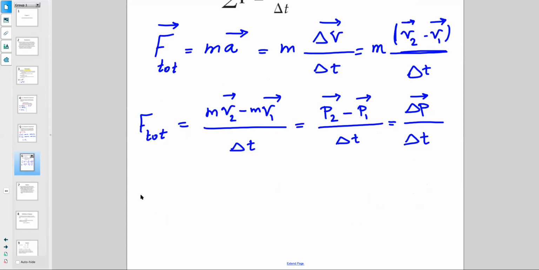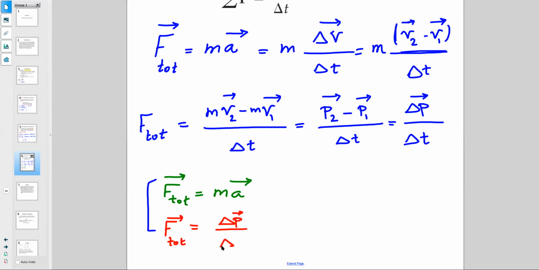So in other words, I have two different forms of Newton's second law, okay? The first form is F of total is ma, mass times acceleration. The second form is this, delta p over delta t, okay?